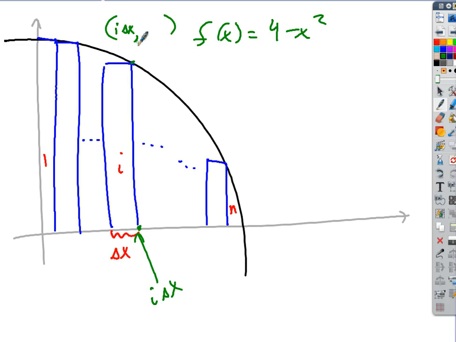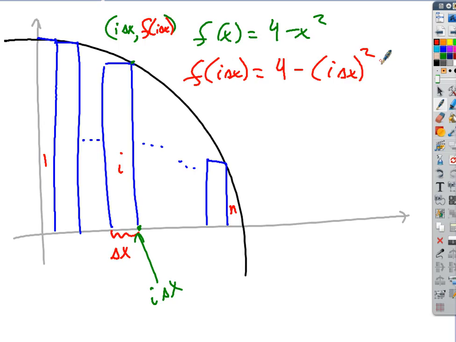It doesn't matter what the x value is. This is telling me what the formula is if I put it in there. I'm plugging in an x value of i times delta x, right? So it's just going to be f of i delta x. Now, what is that? Well, that's 4 minus the quantity i delta x squared, right?